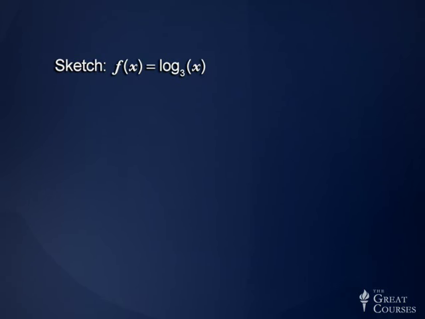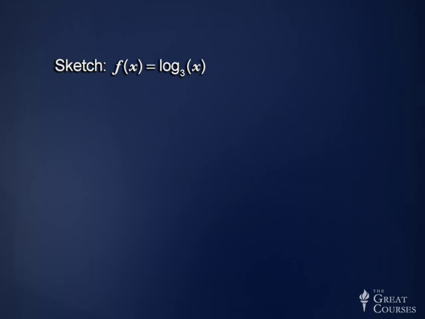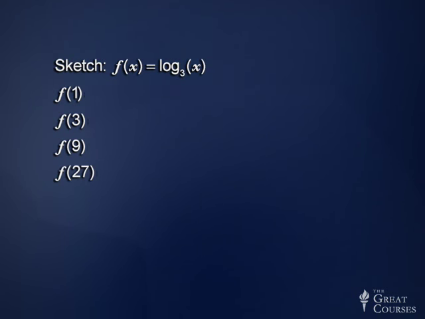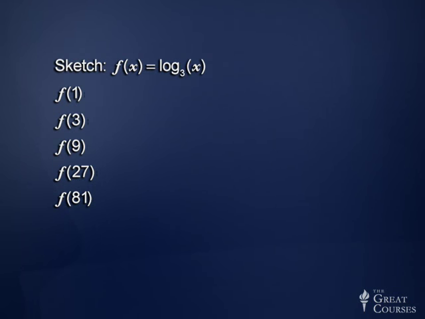In this case, the smart values of x that you and I should plug in are the powers of 3. And we're going to choose powers of 3 because the base of this logarithmic function is 3. So I'm going to plug in things like 1, 3, 9, 27, and 81 because I can find the log base 3 of those values quickly. So let's do that now.